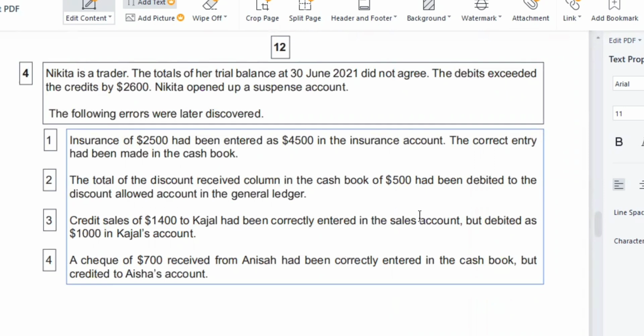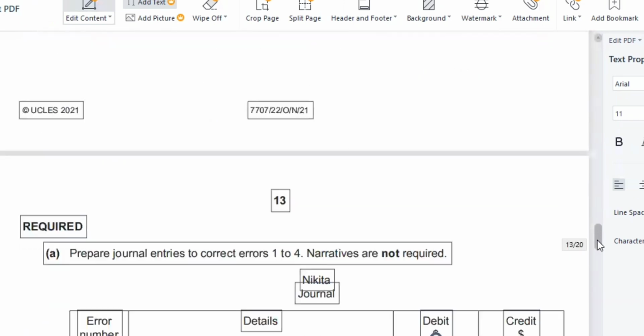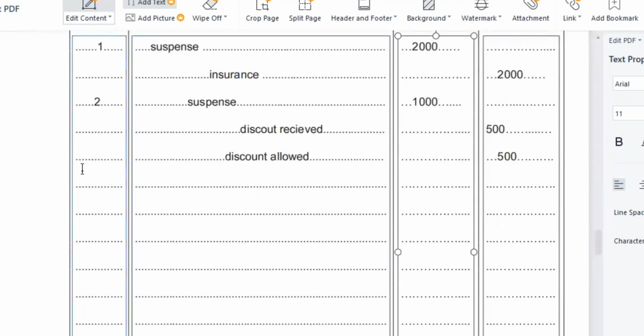Error 3 is credit sales of 1400 to Kajal had been correctly entered in the sales account but debited as 1000 in the Kajal account. Entry was Kajal to sales with 1400, but incorrectly they have debited the Kajal account with 1000. Although it would be 1400, we have recorded 1000. So 400 understated.